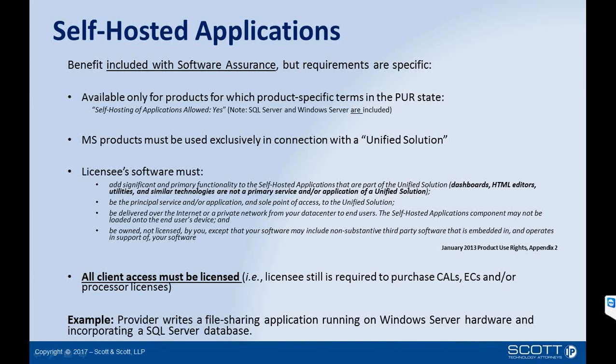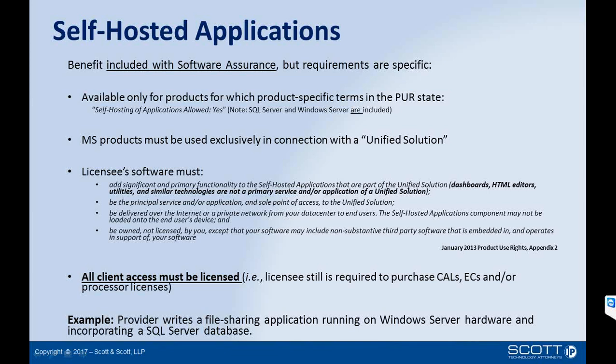The next one, be owned, not licensed by you, except that your software may include non-substantive third-party software that is embedded in and operates in support of your software. This is that question number 7. Is it your IP? Is it your software or is it third-party software? Now, if you own it and you've got some third-party plugins and you've got some stuff embedded from partners, that's not fatal.